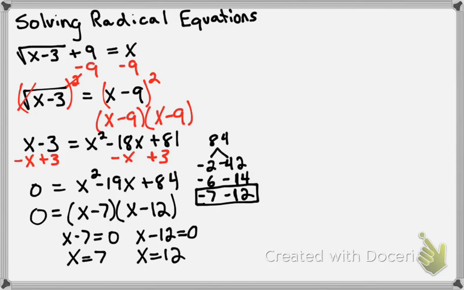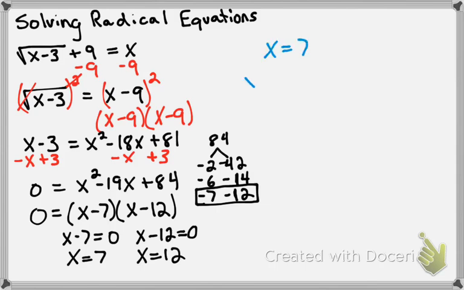Now when you're solving radical equations, you need to be careful with your solutions and make sure that they actually work. To test these, I'm going to go back up to the original equation, plug in the values of x that I found, and see if it actually is an equation. I'm going to try x equals 7 first.